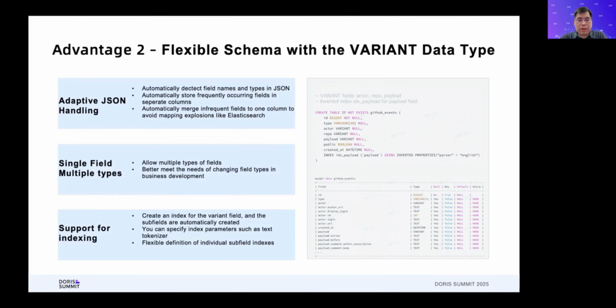This is allowed in variant, so it's very useful for business changes. The third benefit is support for indexes. Indexes are fully supported for variant and its subcolumns. You can create an index for the whole variant or some of the subcolumns of the variant field. You can even specify the index parameters such as text tokenizers.